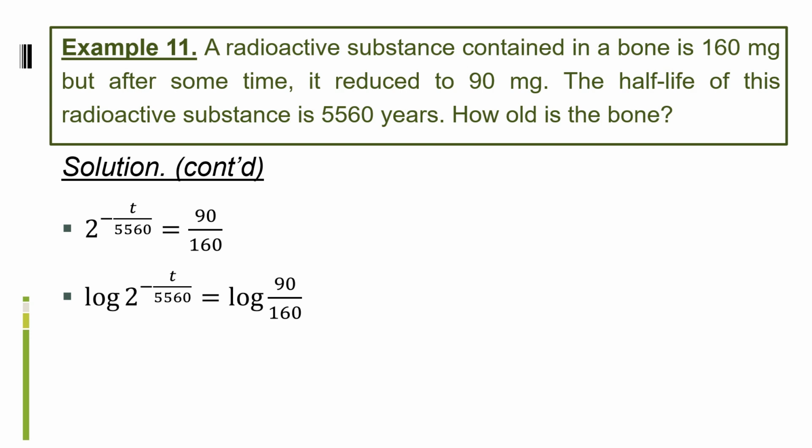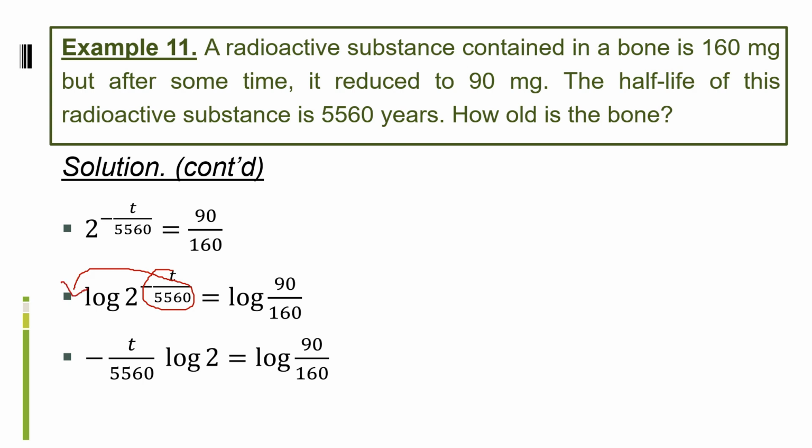Then, because we need to bring down the t, we need to get the logarithm of both sides. So log of 2 raised to negative t over 5560 is equal to log of 90 over 160. We can bring that down using the properties of logarithm.